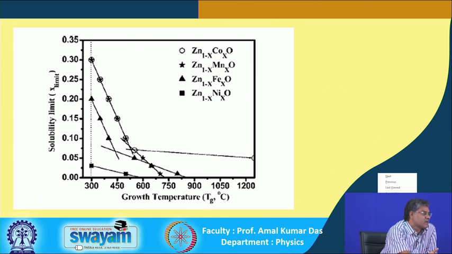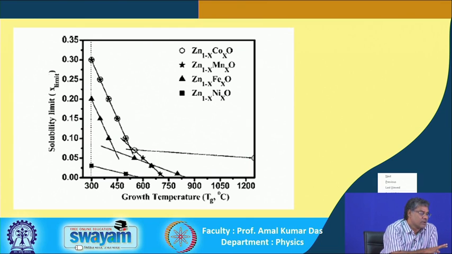We have mentioned circle for zinc cobalt oxide, then star for zinc manganese oxide. In your example, we would write circle for sugar, star for say salt, etc.